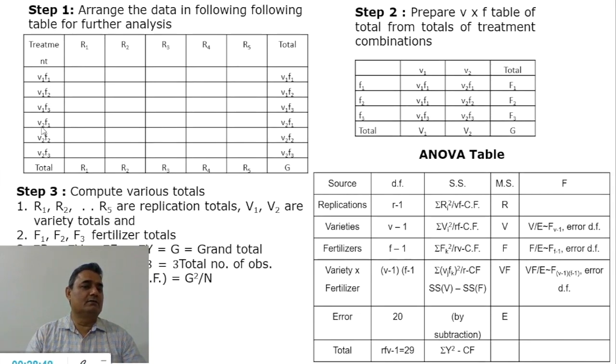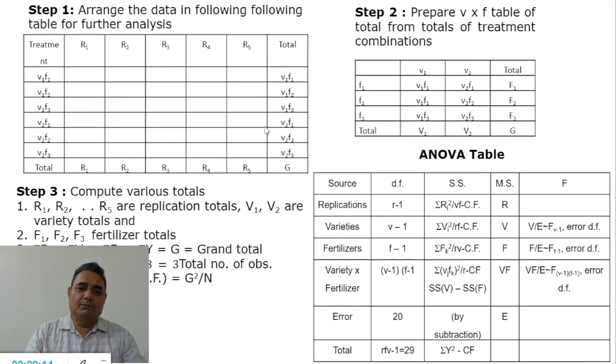Then increase the level of the first factor, and repeat the levels of the second factor. And in this direction R1, R2, up to R5, you arrange all your observations here. Then find the total of these treatment combinations in this column, and the replication totals here, and this is your grand total.